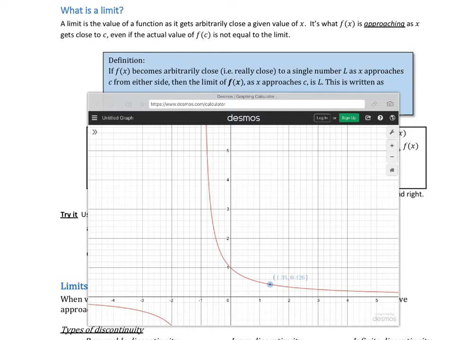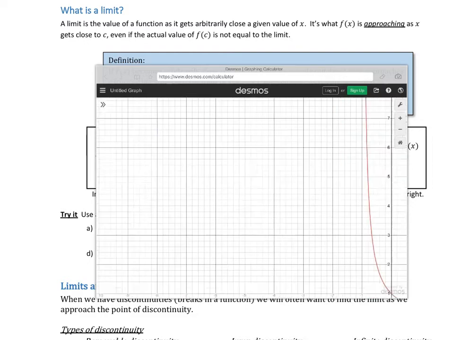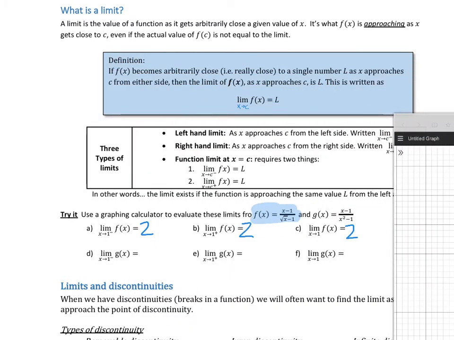So it's going to 0.5 from both directions, and when it actually hits there, we'll find out that that point is undefined, as we know. So we have a left-hand limit and a right-hand limit, and we have an overall limit of 0.5. Since we have the same left-hand limit and the same right-hand limit, we can have that.